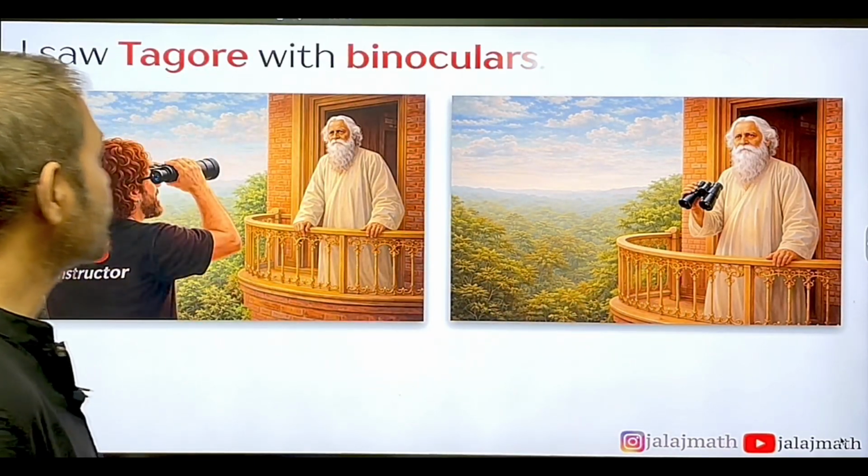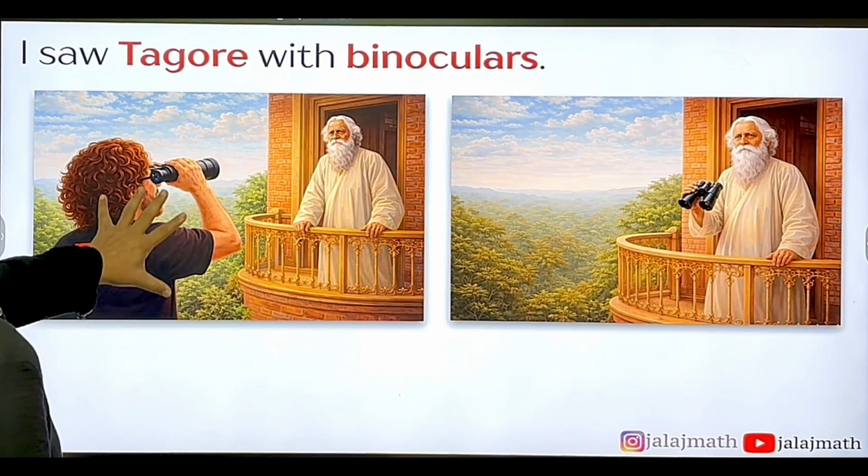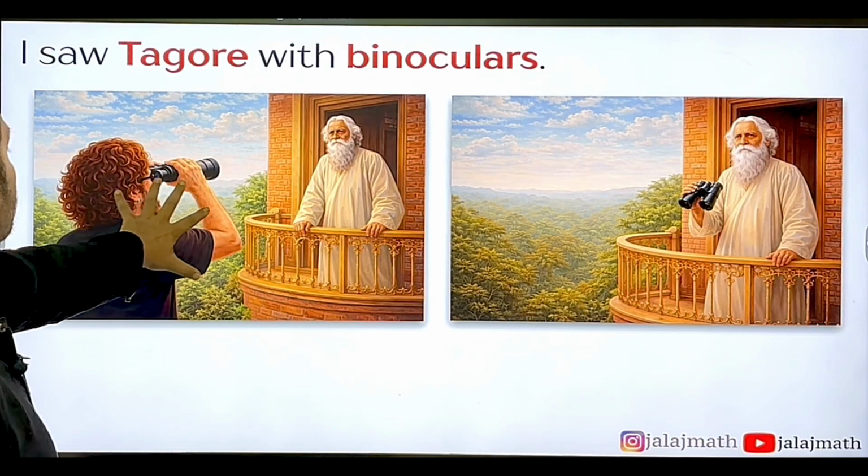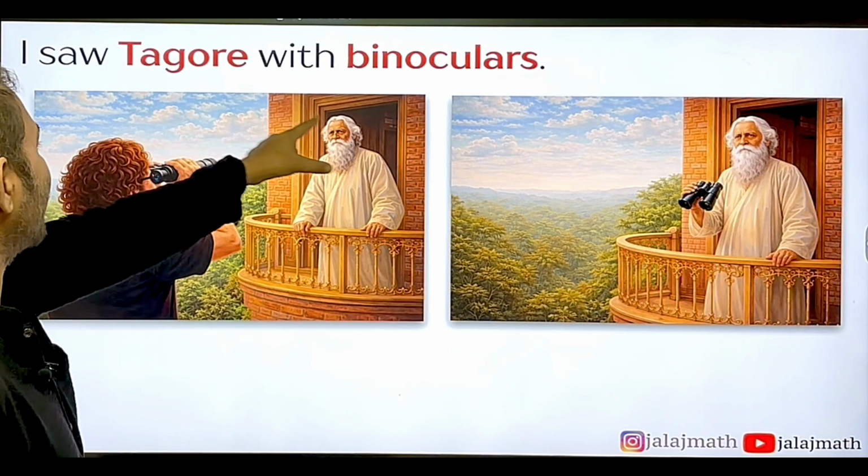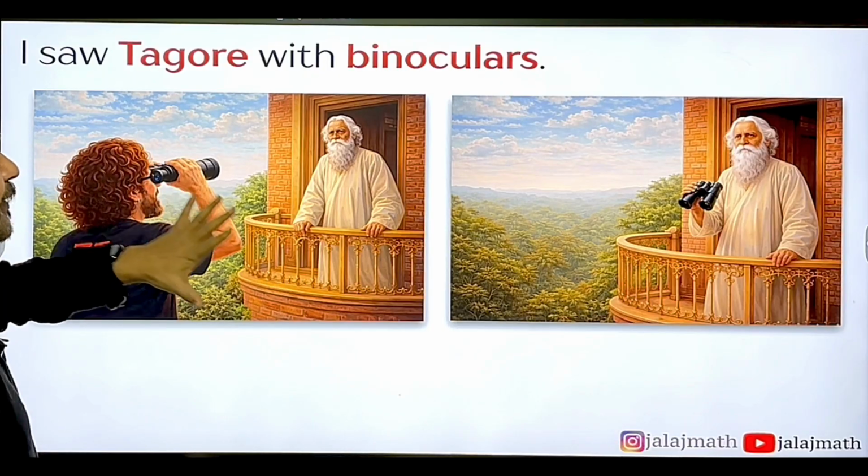So I decided to discuss Rabindranath Tagore and his achievements in my class. I showed these two pictures to my students and asked them to describe them. One student described the first picture as "I saw Tagore with binoculars."